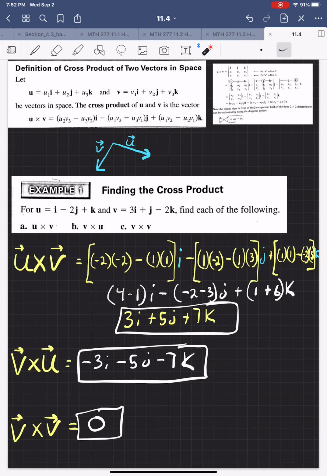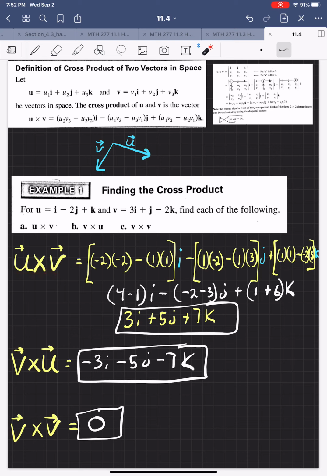Let's at least note something here, right? Think back in your math career. Normally, anytime you were to multiply, let's say 3 times 2, that would be equal to 2 times 3, right? The order in which you multiply them doesn't affect the result.